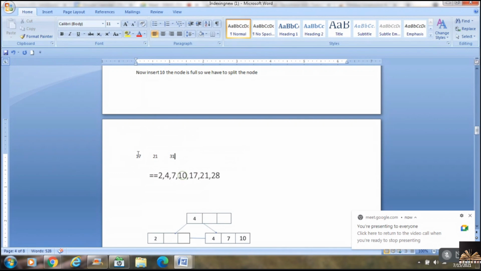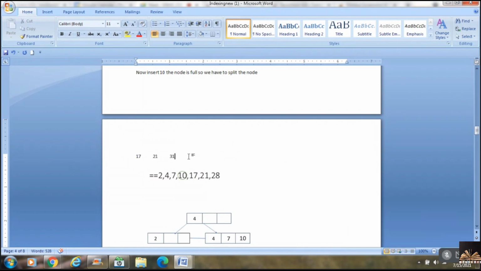So this is the original node. Since it is of order 4, it is already filled. Now I want to insert 25. Since 25 is greater than 17, greater than 21, it will come in between 21 and 31. So it would look like this: 17, 21, 25, and 31.